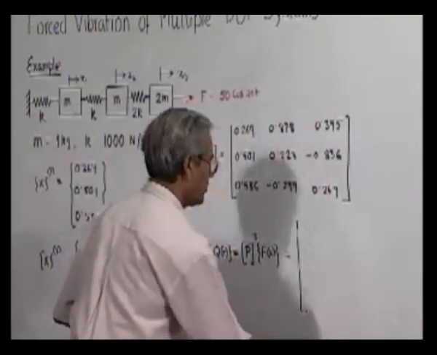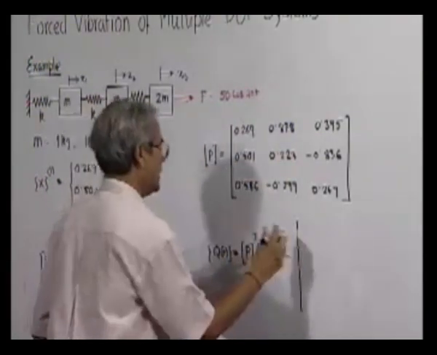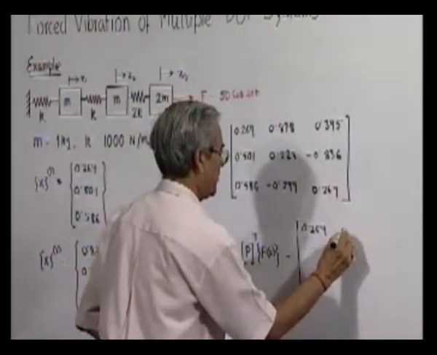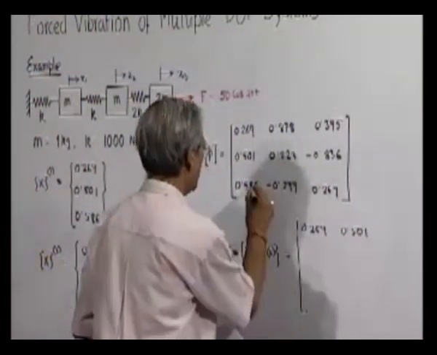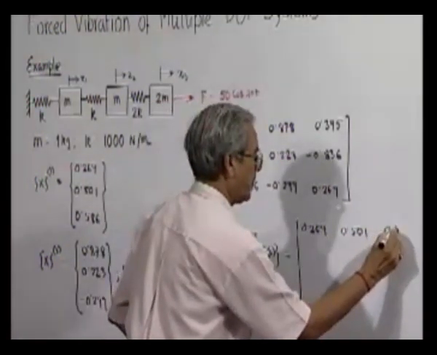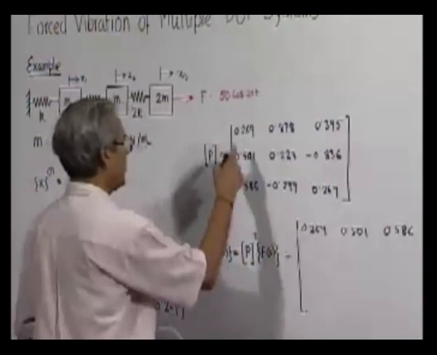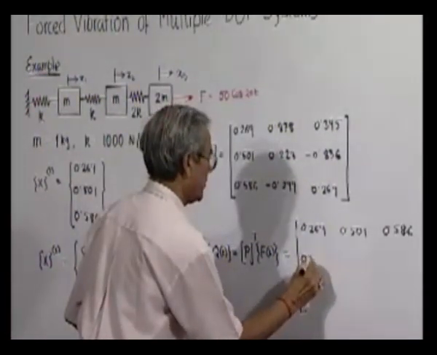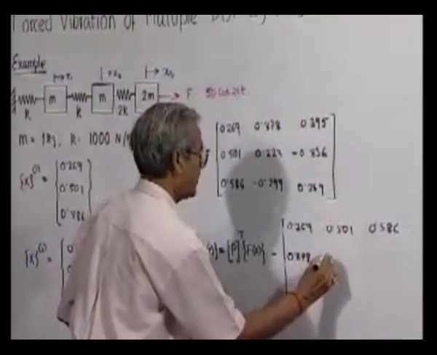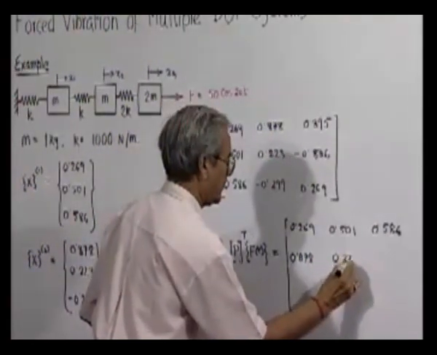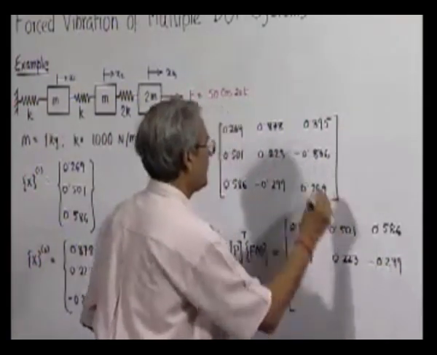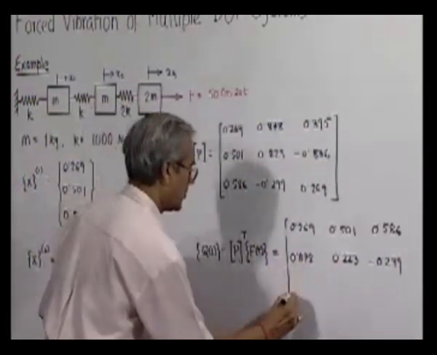We are not right to P, it is PT. So this will be this point 0.269, 0.501, 0.586 is the first row in place of first column. Second column will be the second row. And third column will be the third row.